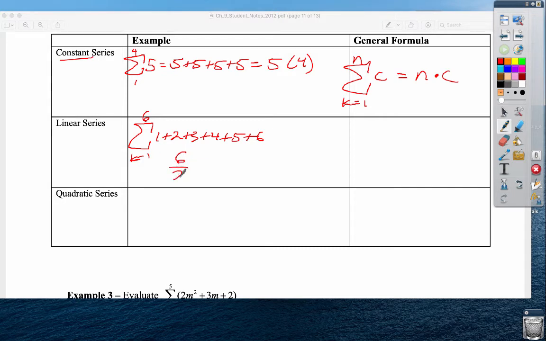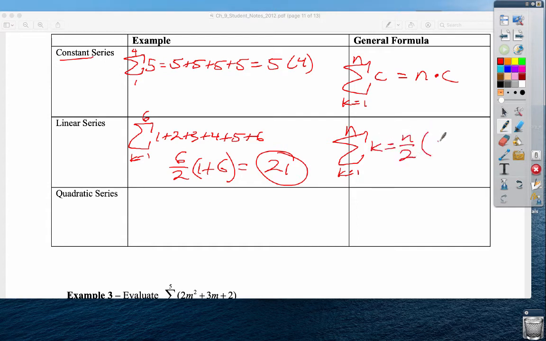So I can do 6 over 2 times 1 plus 6, and I get 21. Which means for a linear term going from k equals 1 to n, I can do n over 2 times 1 plus n. If I distribute this, I can also do n times n plus 1 divided by 2. That's probably the best way to do it.